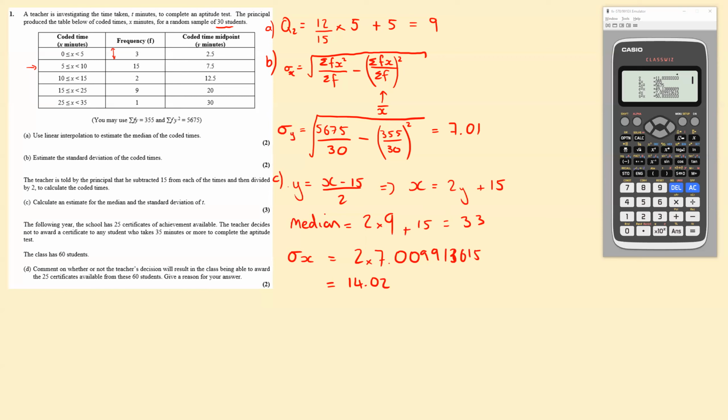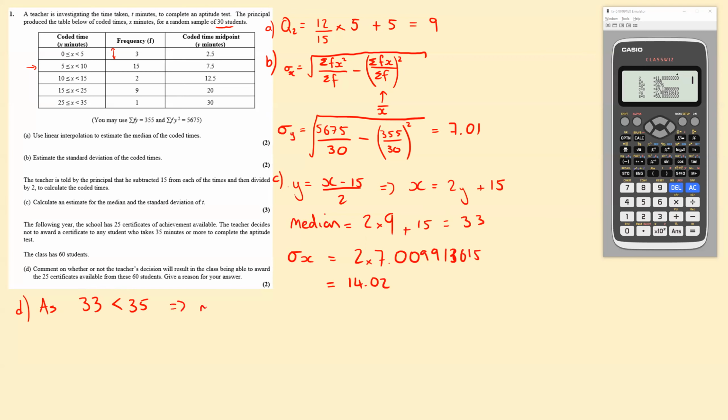What we could do here is notice the fact that the median is 33. So that's right in the middle. So it means that more than 50% of students will actually complete it in less than 35. So you could say for D, 33, that's the median, is less than 35. So remember, that's the median time, 33 minutes, is less than 35 minutes.